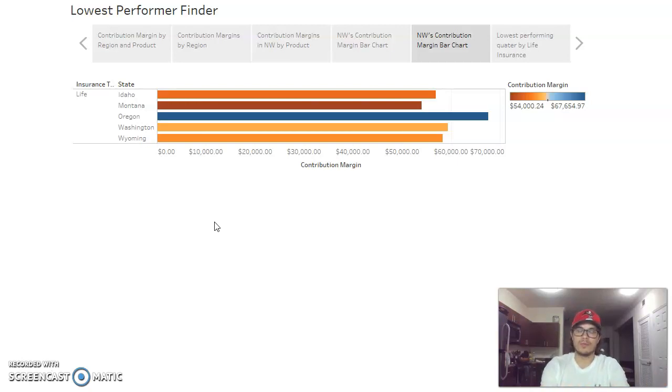I really just wanted to see how well it did with respect to other states within the Northwest, just to make sure my findings are accurate. What we're seeing here is Montana takes the place of our lowest performer with respect to life insurance.